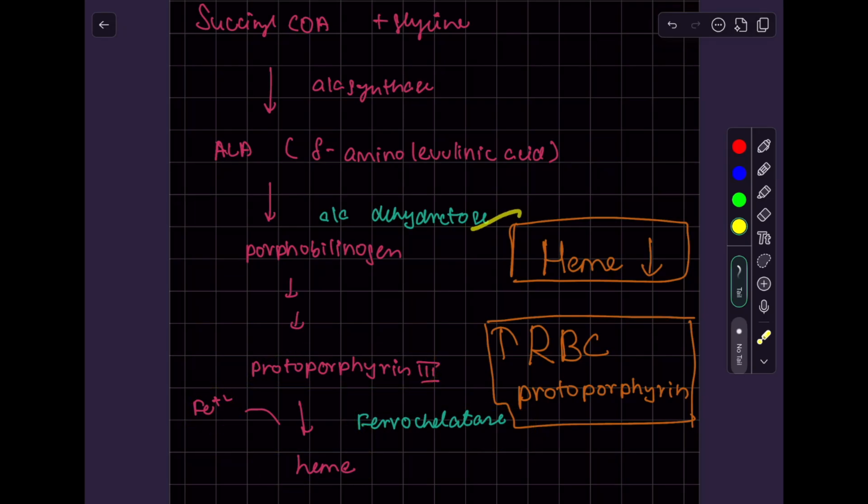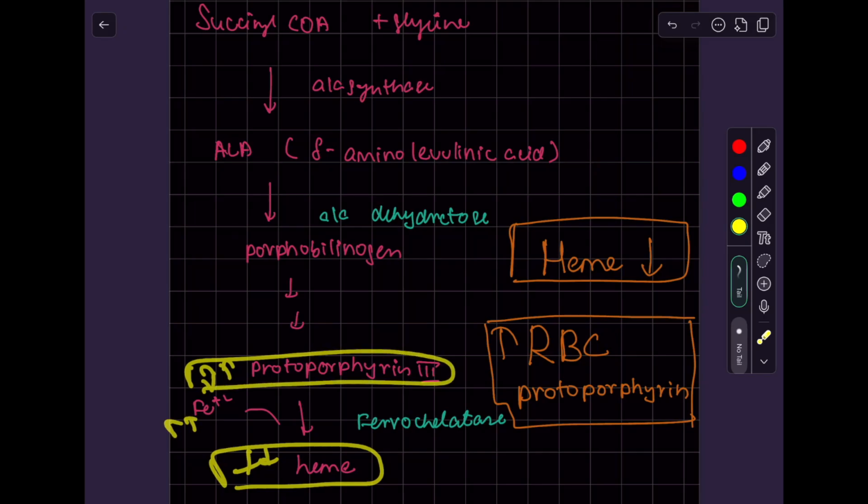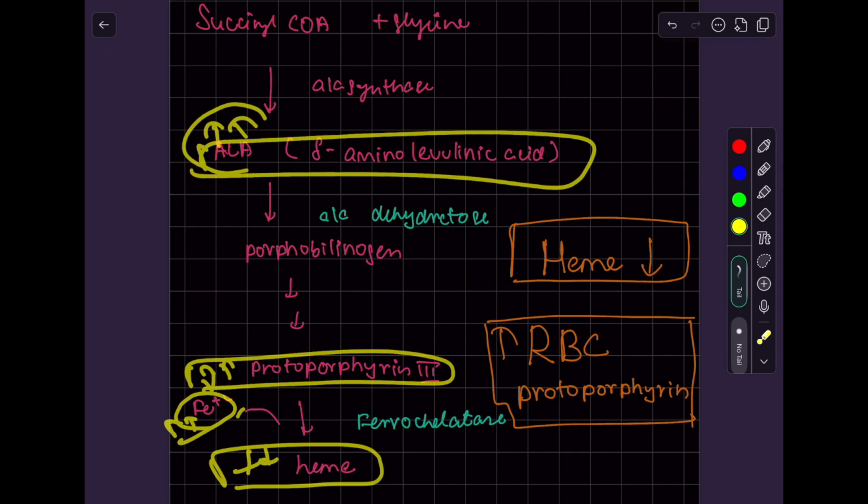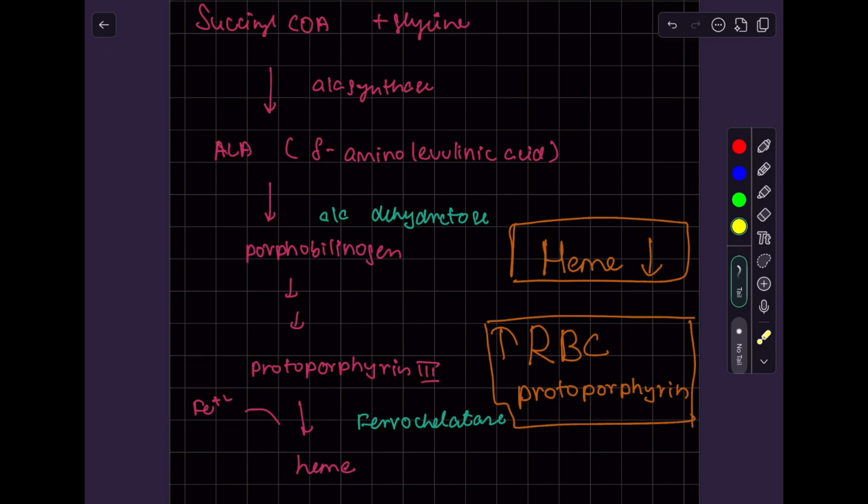As these two enzymes are affected, it leads to a reduction in heme production, an increase in protoporphyrin 3, an increase in iron, and an increase in ALA, which explains all the clinical features that we see in case of lead.